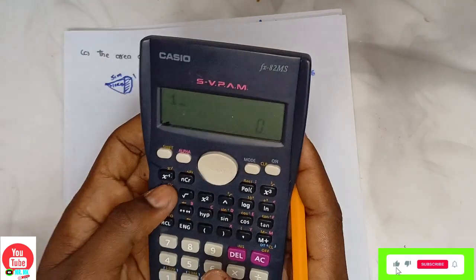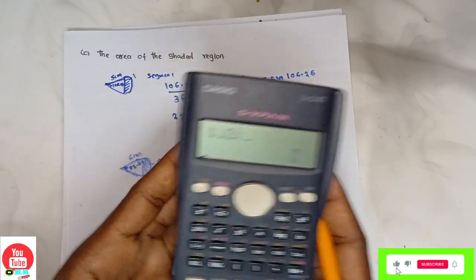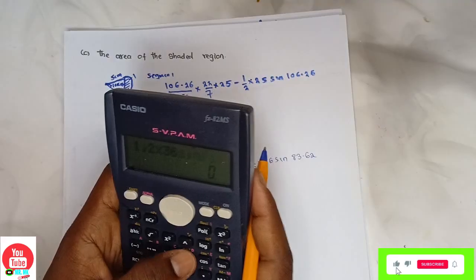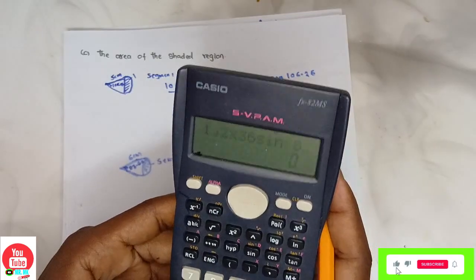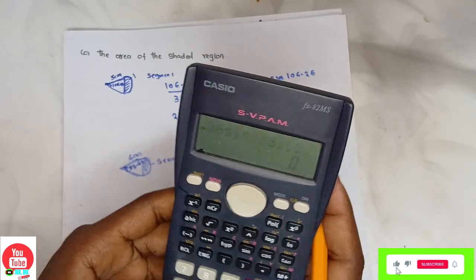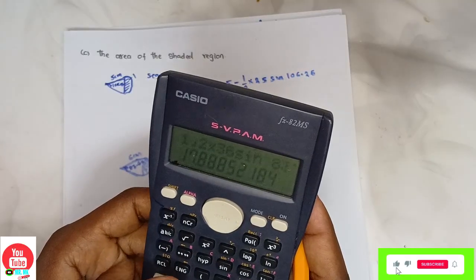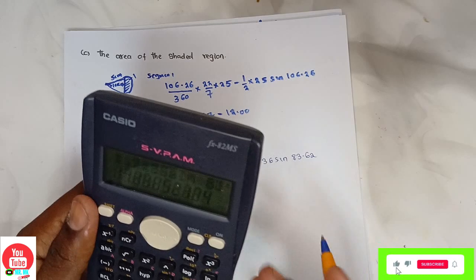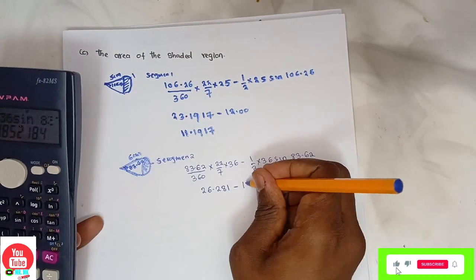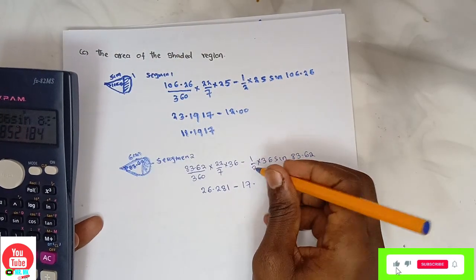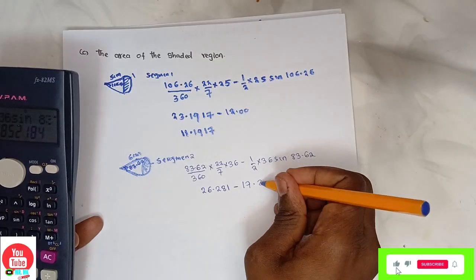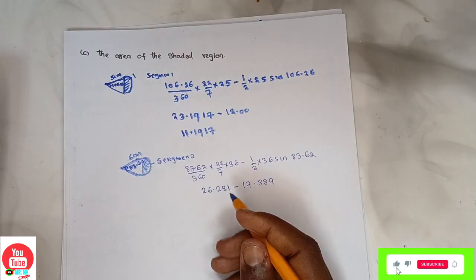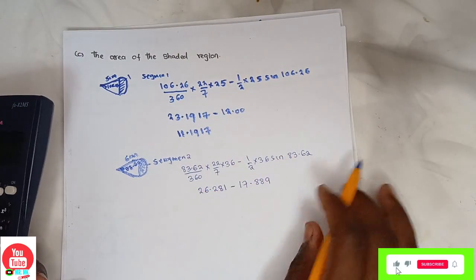Now that one will be a half times 36 sine 83.62, which will be 17.889. Now you just subtract.